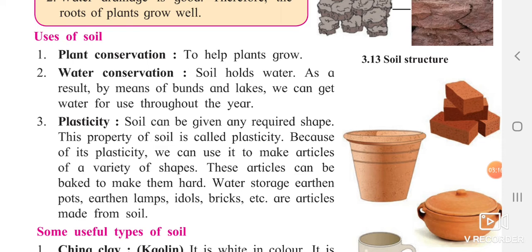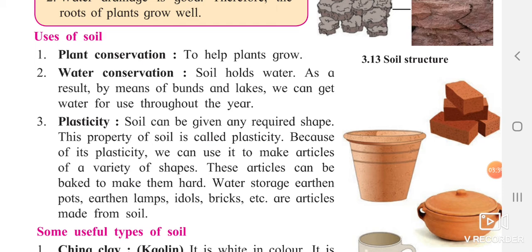Because of this plasticity, we can use it to make articles of a variety of shapes. These articles can be baked to make them hard. You know that the bricks are kept in some utensils and later heated up, so they become more firm and strong.